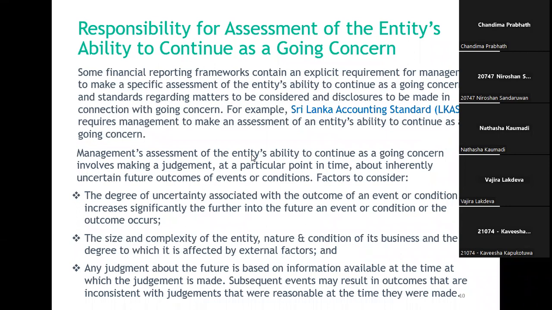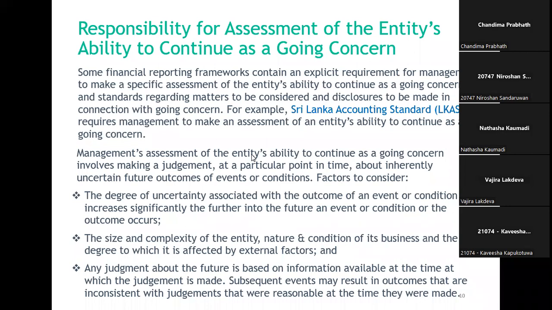Now, as I explained in accounting estimates also, if there is a difference between the actual amount and the value of the accounting estimate, that doesn't mean it's a misstatement. Because when it comes to an accounting estimate, you look into the future based on the best available information, consider the method, assumptions and data, and arrive at the estimate. But the actual outcome may be totally different from the assessment.